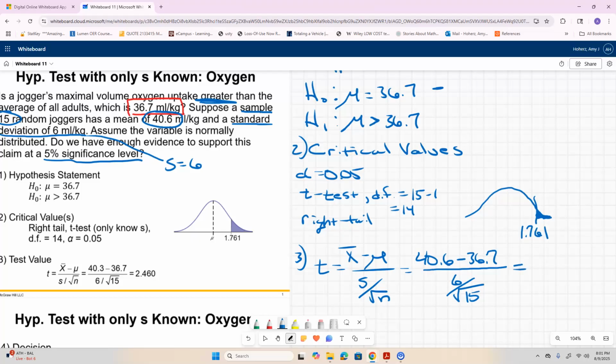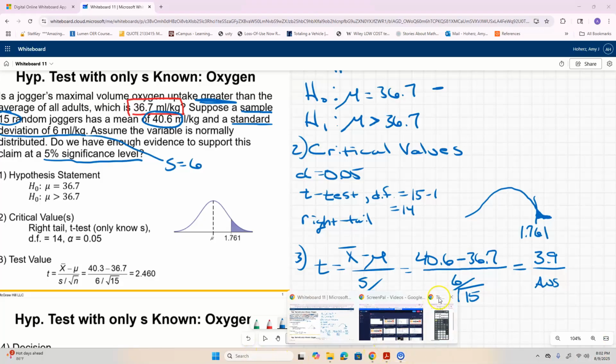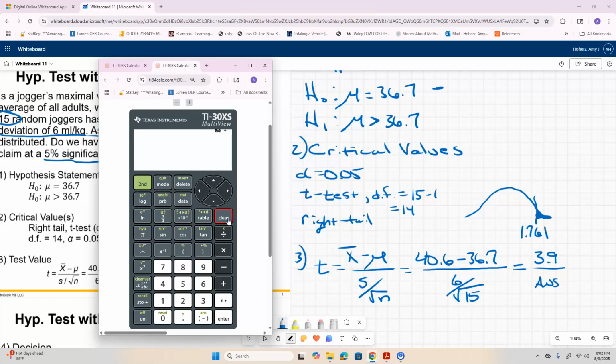So the top would be 3.9, and then we'll do that over the answer that we get on the bottom. So we have 6 divided by square root of 15. Oh, we don't want that form. I'm going to do F to D, which will get it to a decimal.